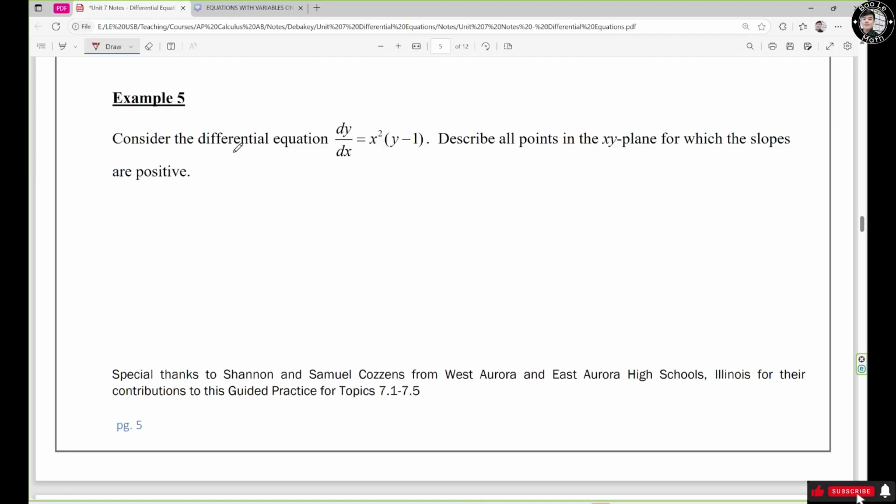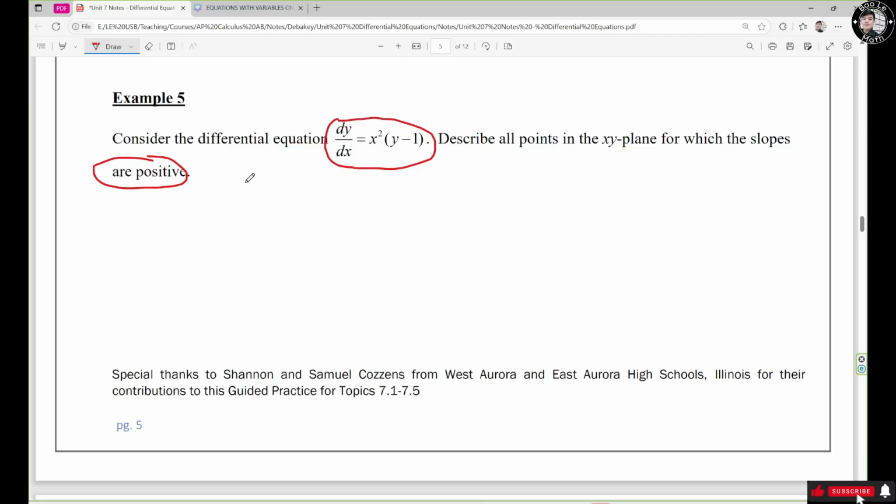Now, example number 5, consider the differential equation dy over ds equals s squared times y minus 1. Describe all points in the xy plane for which the slopes are positive, right? Now, in order to get the slope to be positive, does that mean we need this to be greater than 0, right?